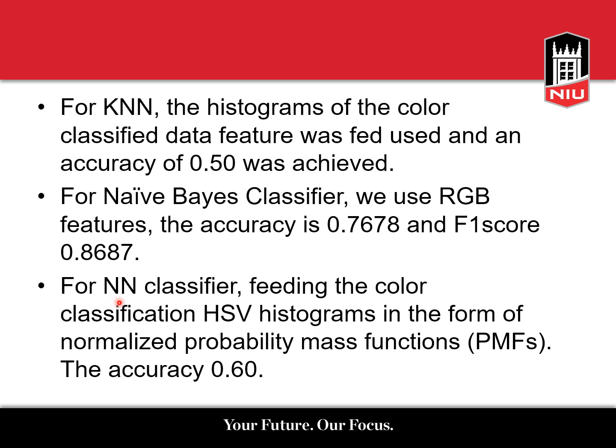For the neural network classifier, we use the color classification HSV histogram, and accuracy is about 60%. So this one is better than KNN, but currently the naive Bayes classifier gives us the best performance.